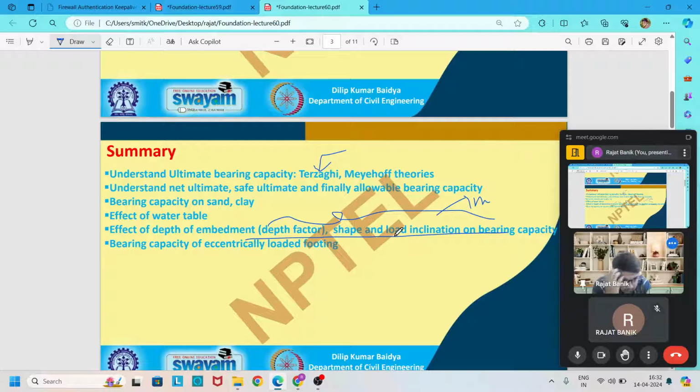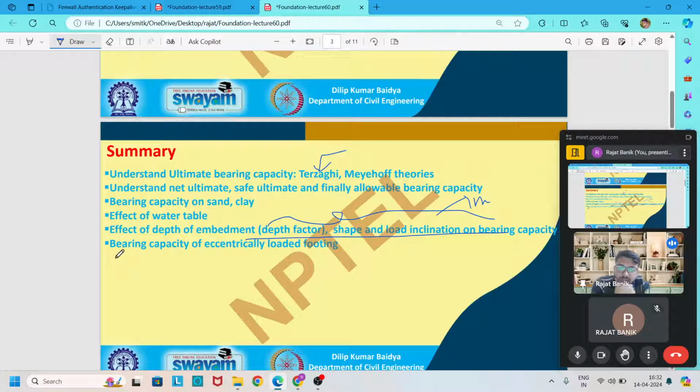There are different equations for these depth, shape, and inclination factors, and this Meyerhof equation is also used in our IS code, the Indian Standard Code, to find the bearing capacity of the shallow foundation.